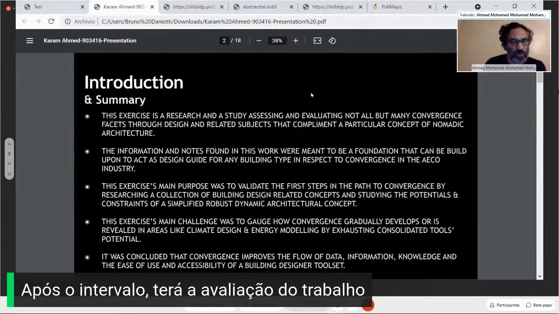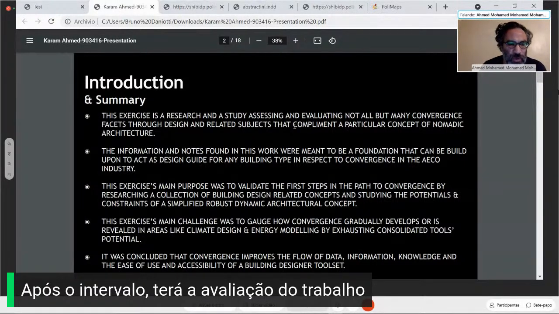The information and the notes found in this work were meant to be a foundation that can be built upon to act as a design guide, at least for me as a professional, and in respect to the case study studied in the exercise itself.